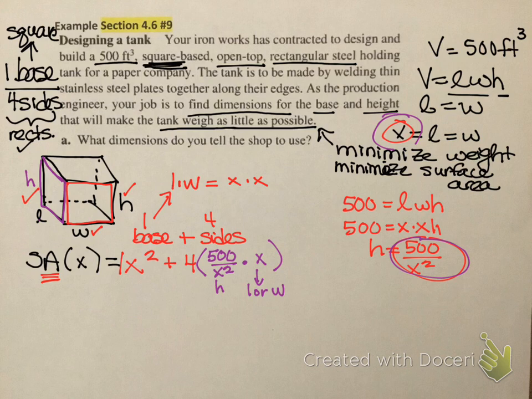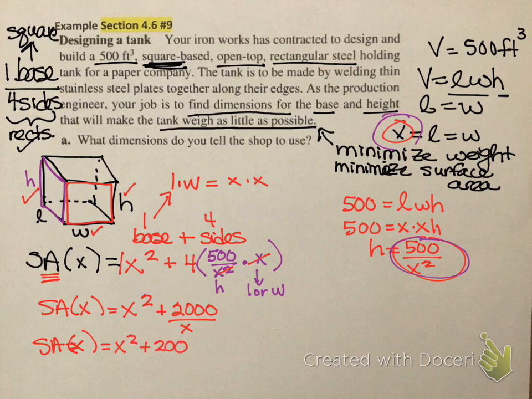So let's go and simplify this equation. So surface area in terms of x would be x squared plus 2,000 over x, because this divides out with one of those. I need to get a common denominator. Well, no I don't, because I can write this as 2000x to the negative 1.